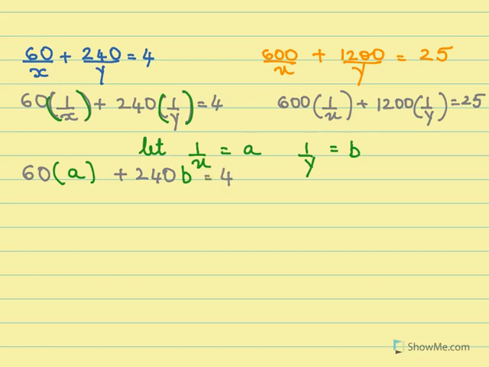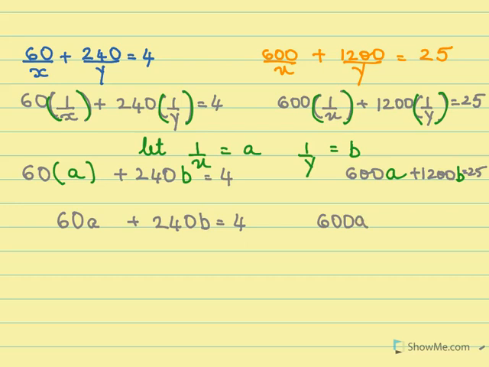And for the next equation we have 600, 1 by x is a, plus 1200, 1 by y is b, equal to 25. So we write up the equations again: 60a plus 240b equal to 4, and 600a plus 1200b equals 25.